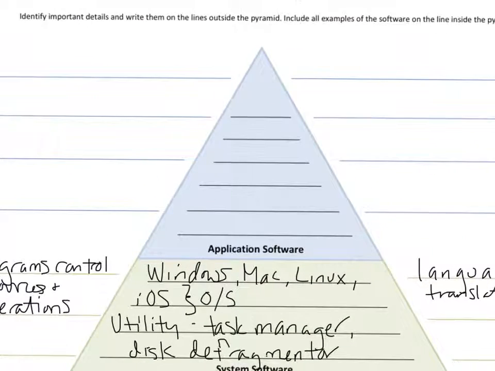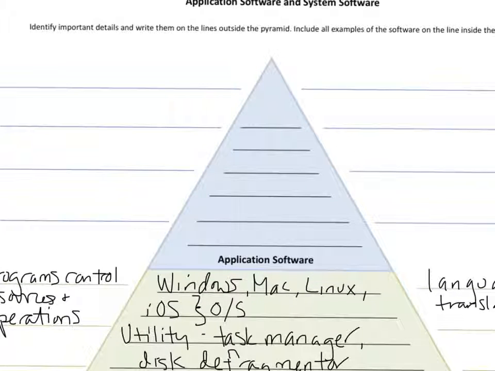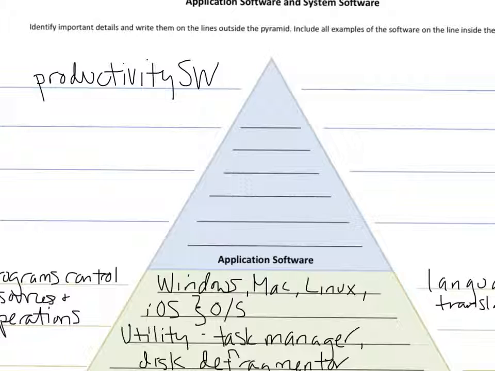All right, application software. What do you guys have written on the outside? Quinn. Productivity software. Right? Productivity software, what else?